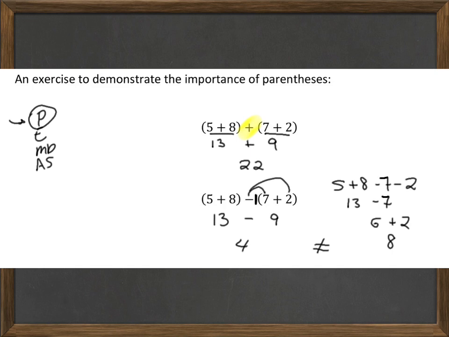And if we did that, then we would have 13 minus 7, which is 6. And then if we have 6 minus 2, then we would get 4. And now we have the same answer in both cases. But again, I can't drop the parentheses without distributing that negative sign. So that's just a brief introduction to why parentheses can be very important.